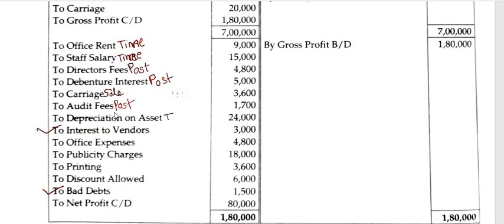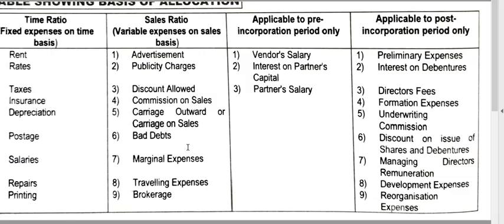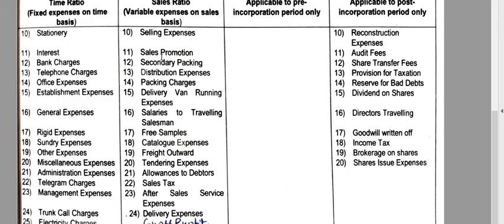Depreciation on assets: on a time basis we have to allocate depreciation on assets, so some part of depreciation of assets will go in pre-incorporation and some part will go in post-incorporation. Now for interest to vendor we have an adjustment, so write actual. I will explain how to find the interest to vendors. Then office expenses, time. Publicity charges, sales ratio. Under sales ratio, check publicity charges.